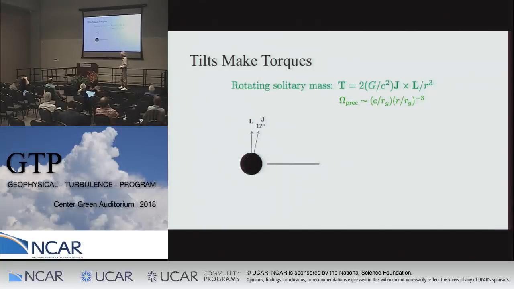Here we have an example of a 12-degree tilt. As the particle orbits, its orbital plane will slowly precess, and so its misaligned vector will move around. If this is the z direction, the x and y components will change, but like a top, it doesn't just stand up. The precession rate drops off very rapidly, again as 1 over r cubed.